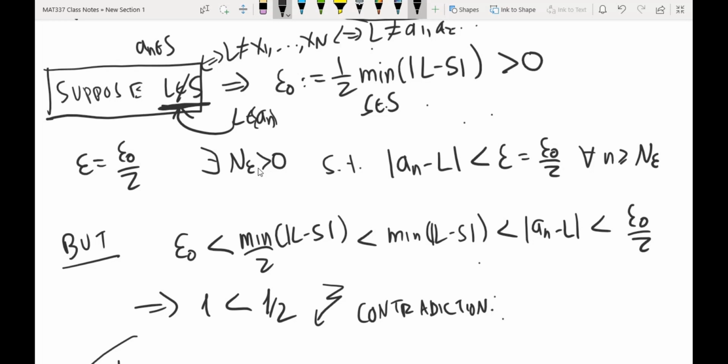But if I let L be in AN, then I have the same contradiction: AN minus L is less than D over 2, but it's greater than D as well. Levon, we're trying to prove that L is in S, right? That's the claim. If you show that L is AN for some n, yes, you're done, because AN is in S. Okay, thank you.